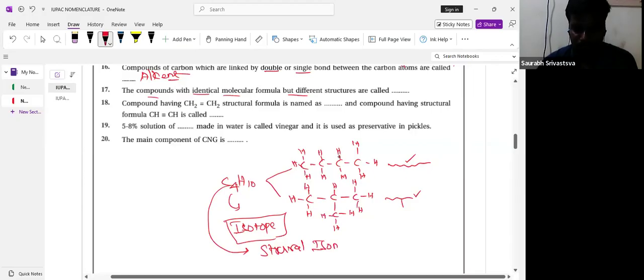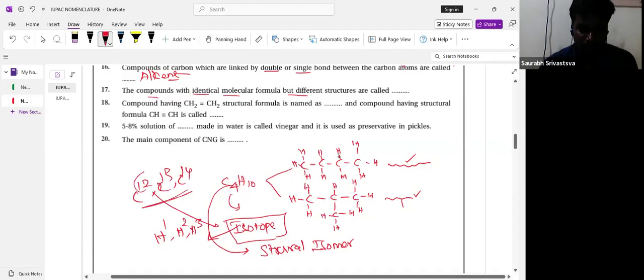Isomer. Isotope means we know what is the isotope: H1 isotope, H2 isotope, H3 isotope, carbon 12, carbon 13, carbon 14. This is called the isotope. That means the same element having different mass. Here isomer, here isotope. Isomer is the same formula with a different arrangement.